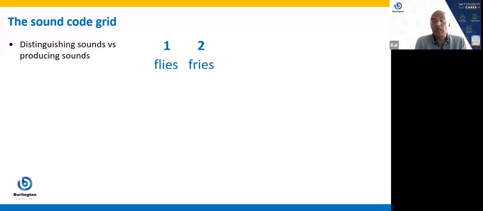So for example, if I said fries, flies, I'm doing the number 2, 1, okay, 21. If I say flies, flies, I'm doing the number 11. Okay, so that distinguishes, have they got the ability to recognize what the sound is? And then are they just producing it incorrectly? Or do they not recognize the sound at all?